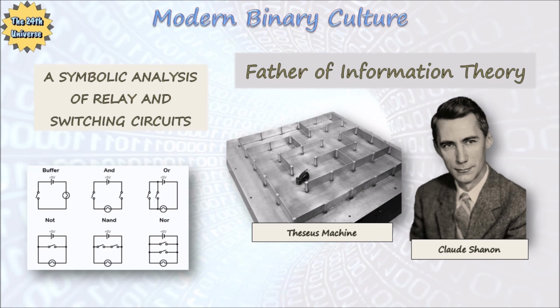He was the first to describe the Boolean gates in electronic circuits that are essential to all digital electronic circuits, and he built the first machine learning device. In 1937, Shannon wrote his master's thesis, A Symbolic Analysis of Relay and Switching Circuits, which implemented his findings. Shannon's thesis became a starting point for the use of the binary code in practical applications such as computers, electric circuits, and more.